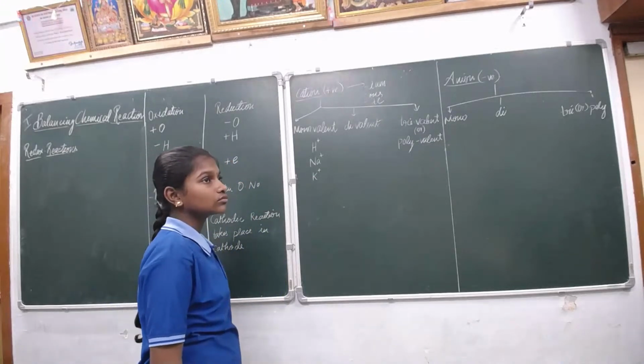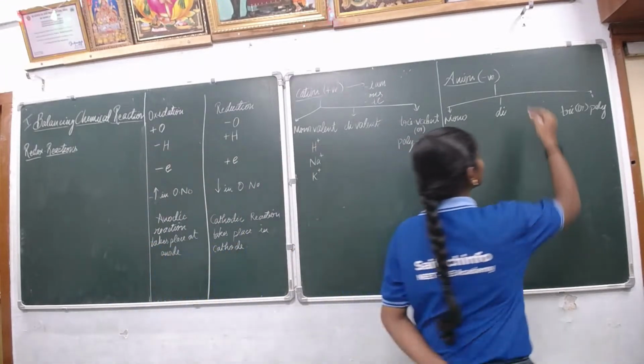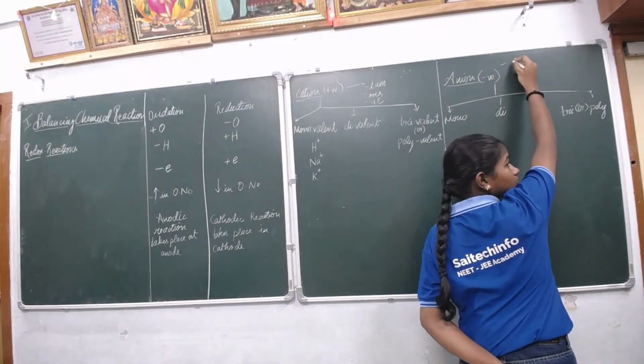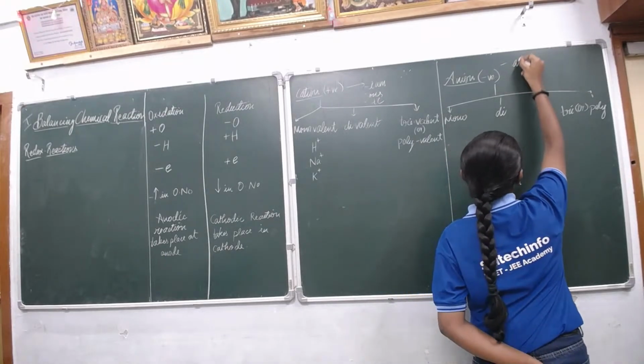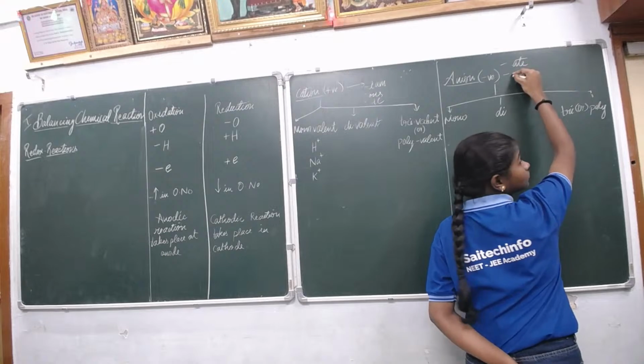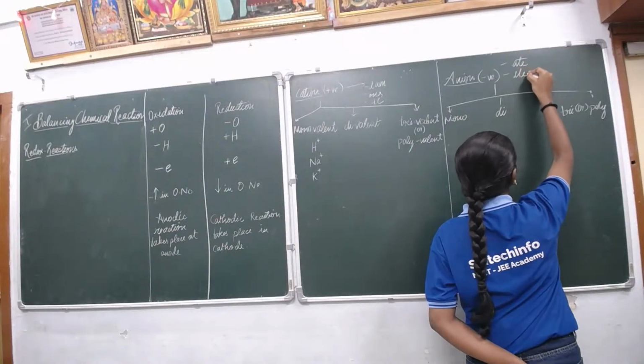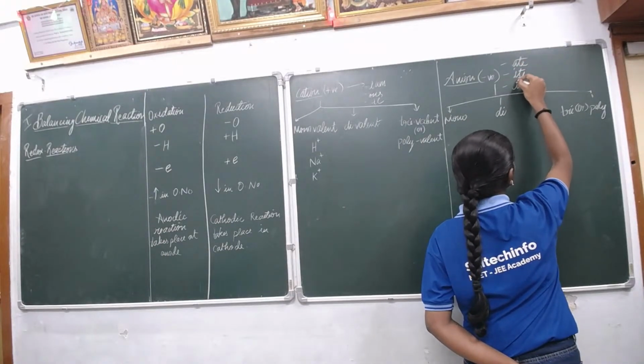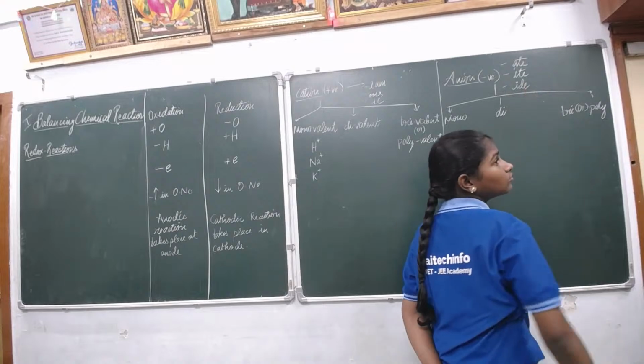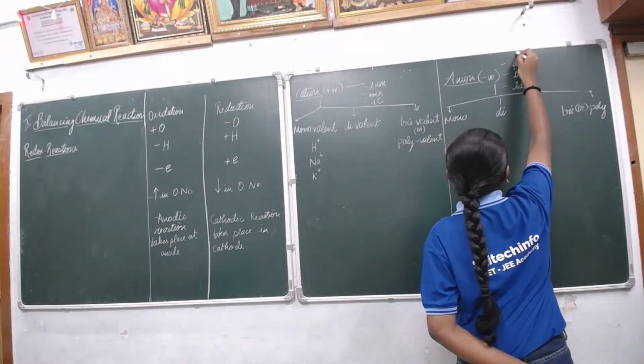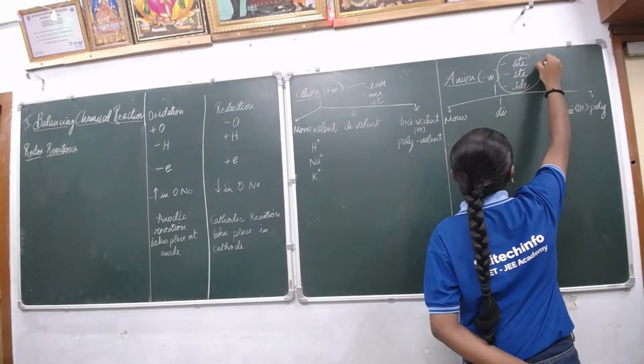Similarly, in the case of anion, they have the suffixes ate, ite, for example, sulfate, sulfite, sulfide, ide. So they have the common suffixes.